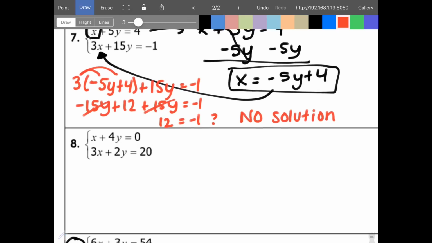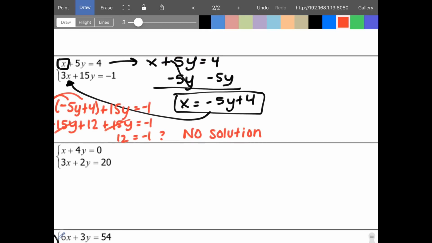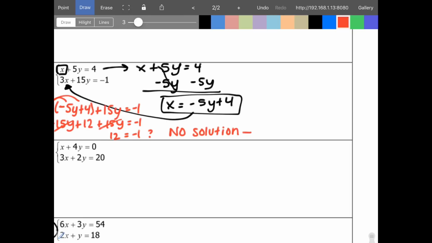If it's no solution, what does that mean about the lines? That means they're never going to touch. Remember, we're trying to find a point of intersection, right? So no solution in this case means that they're parallel and will never intersect.